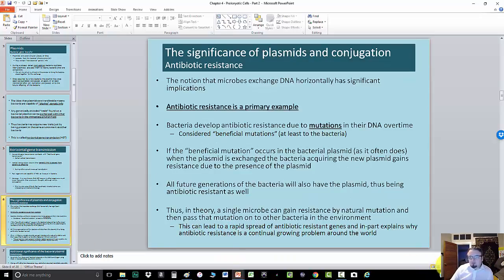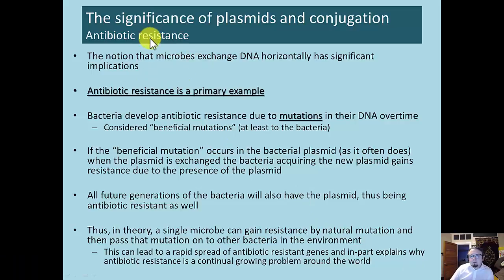And that's what this slide is talking about, how the significance of plasmids relates to antibiotic resistance. That's really the primary example to make here. Other examples get into the more technical aspects of microbiology that are harder to associate in a straightforward way. So that's how plasmids are significant, and how the process of conjugation, the spread of the plasmid, is significant in the medical context.